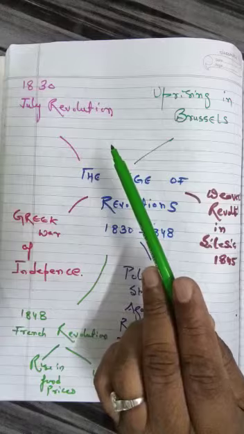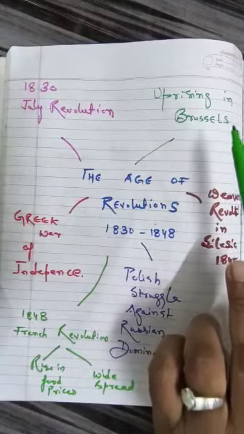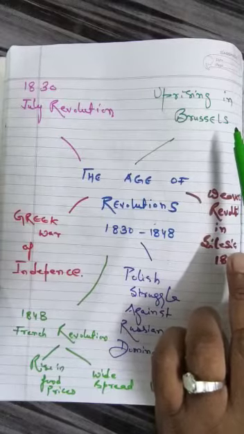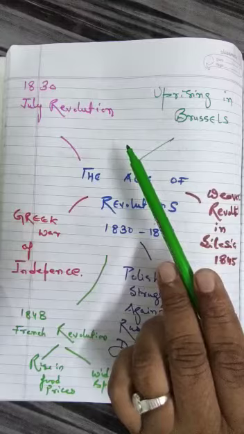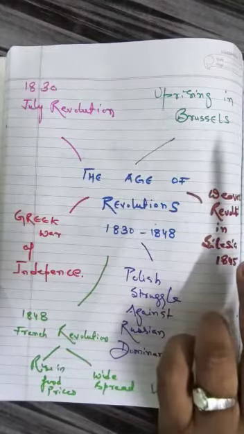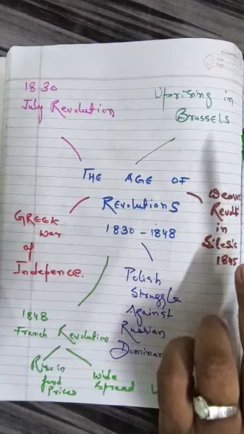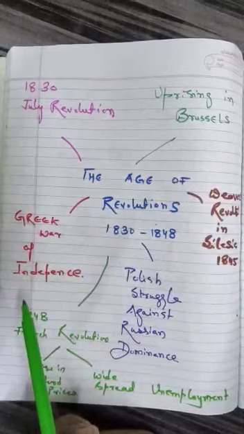Constitutional monarchy was set up and Louis Philippe was made the head of state. Uprising in Brussels: it was again the impact of the July Revolution that we saw an uprising in Brussels, according to which Belgium separated itself from the United Kingdom of Netherlands.